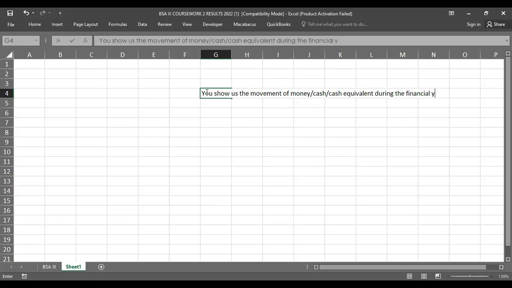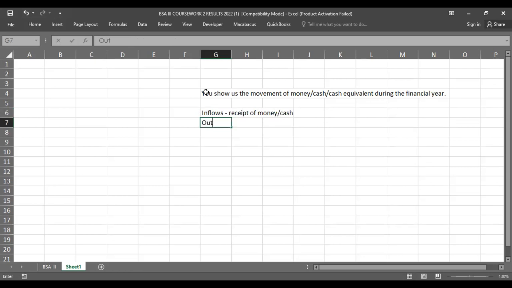It also looks at a 12 months period. They're interested in inflows, let's say the receipt of money or funds or cash. That money has come in, that is inflows.